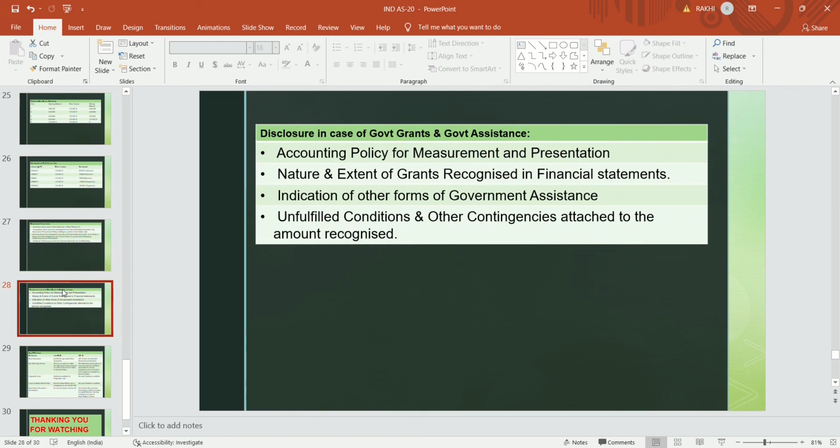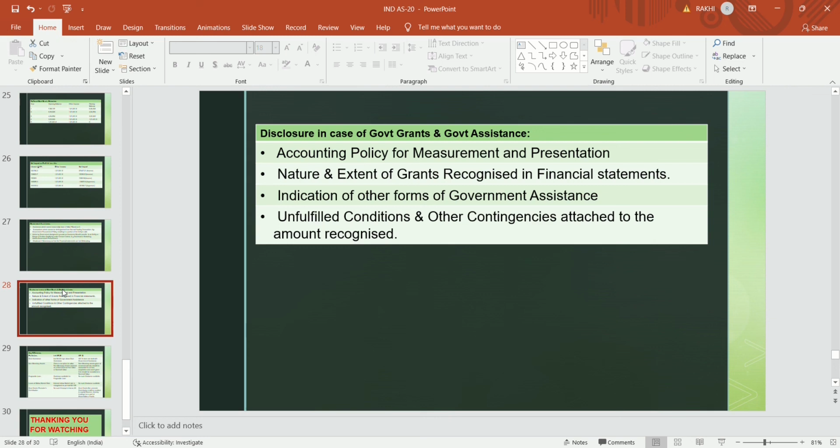Whatever we learn, how the accounting treatment is to be done and how the disclosure is to be done, in both cases of government grant and assistance in the financial statements: accounting policies, what policy the company has adopted for measurement and presentation; nature and extent of government grant, how much and what kind of government grant is there, what percentage is to be recognized in the financial statements; and indication of other forms of government assistance. If government assistance is there, it is to be disclosed.